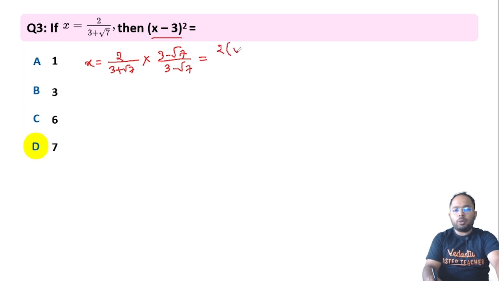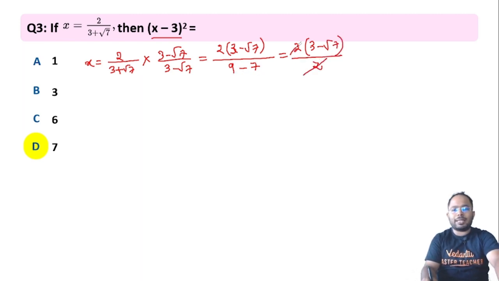So 2 into 3 minus root 7 over 3 plus root 7 times 3 minus root 7. So 3 square is 9 minus root 7 square is 7. So that gives 2 into 3 minus root 7 over 2. Right? 9 minus 7 is 2. 2 gets cancelled. So we get x equal to 3 minus root 7.